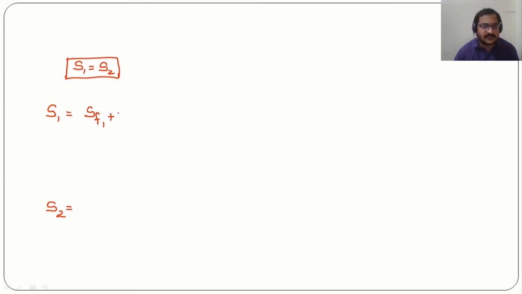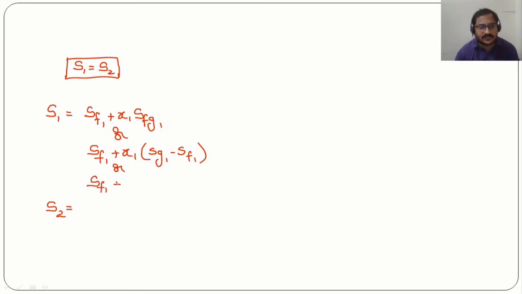Those are sf1 plus x1 into sfg1, or sf1 plus x1 into (sg1 minus sf1), or sf1 plus x1 into hfg1 by T1.